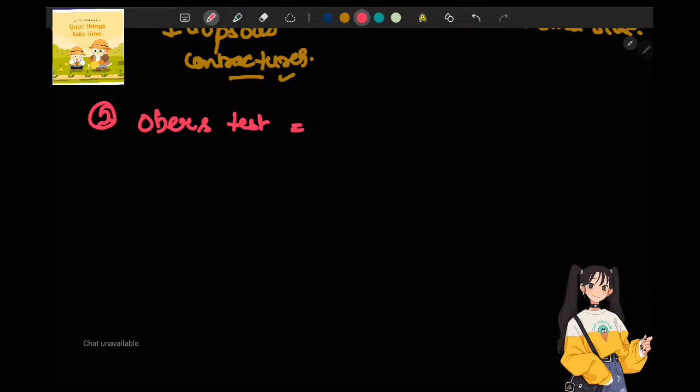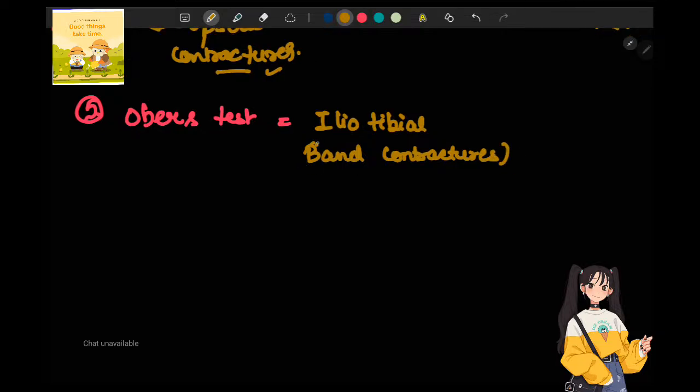This is for the iliotibial band. Basically what happens, band contracture is there. This is the patient lying down, this is the face of the patient.